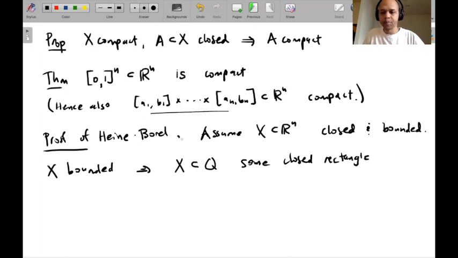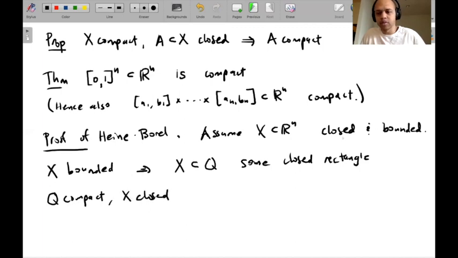Something like this. And then Q is compact by the theorem, and X is closed by assumption. This implies that X is compact by the proposition.